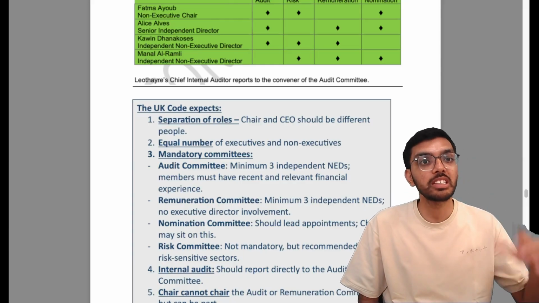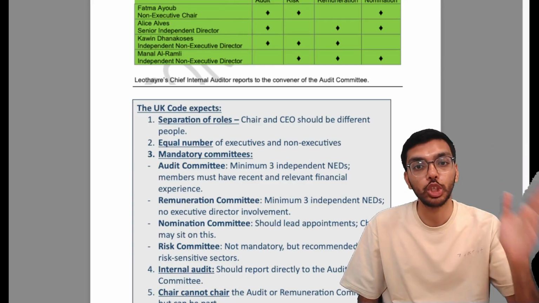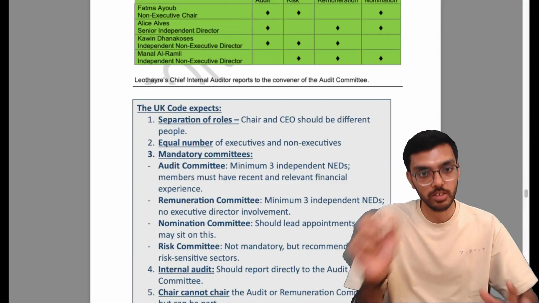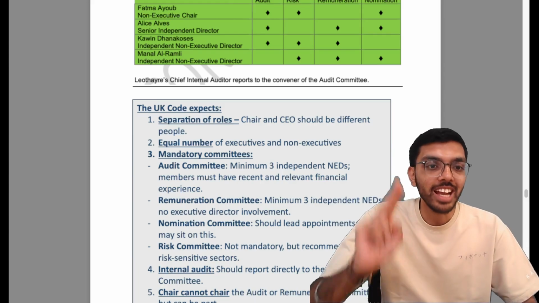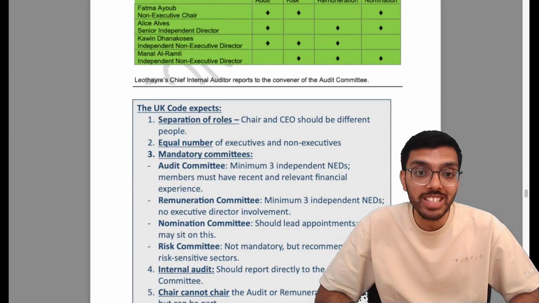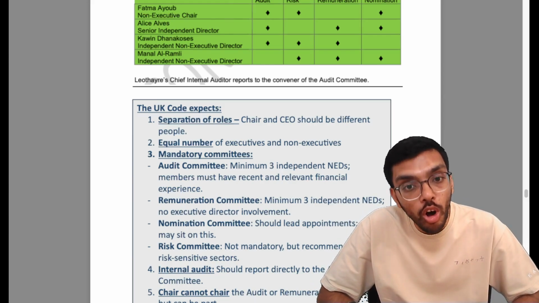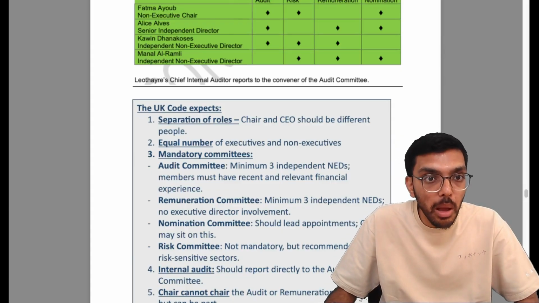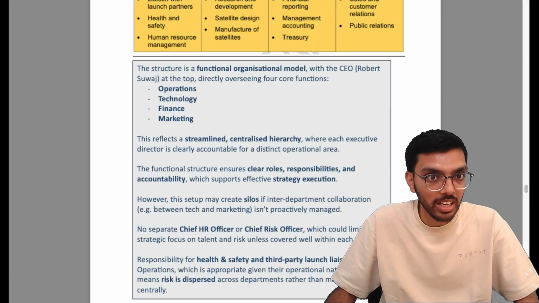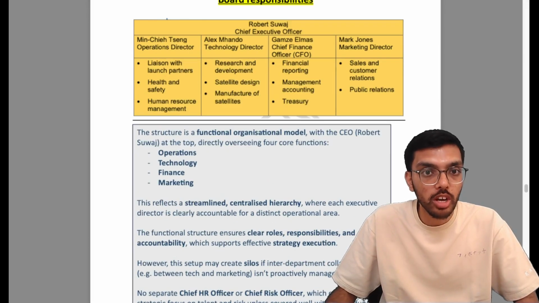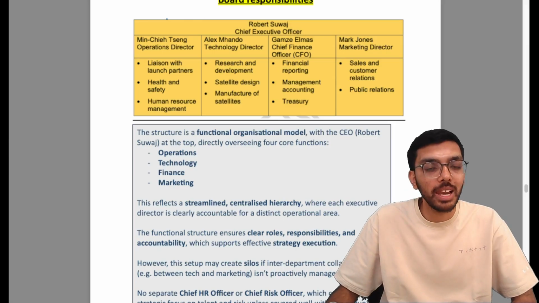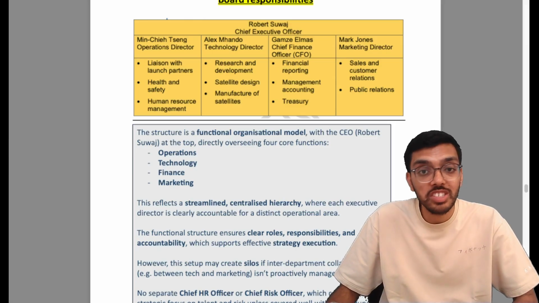The first principle is the role of the CEO and the chairman should be different, which has been met over here. So tick mark. Second rule is equal number of executives and non-executives. Over here we see 3 plus 1, 3 independent plus non-executive. If you look at your situation, it's 4 executives plus 1 CEO.